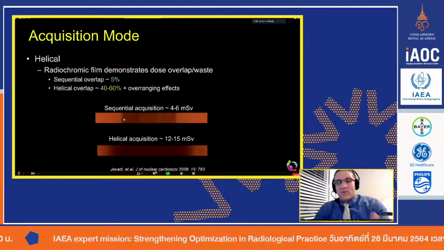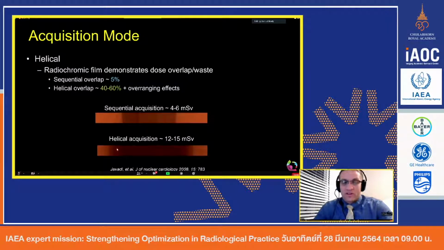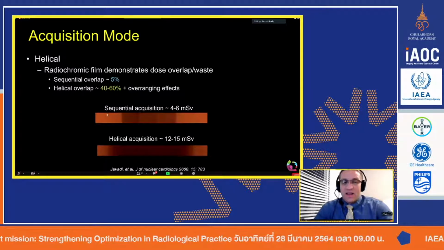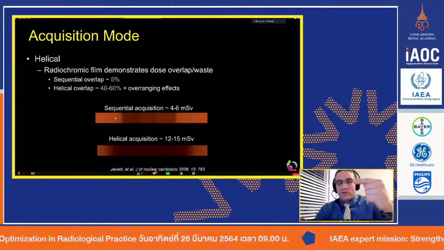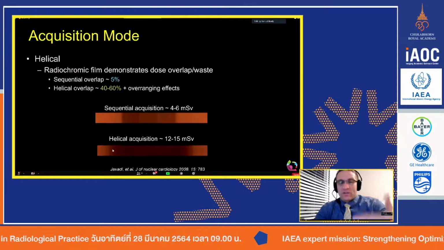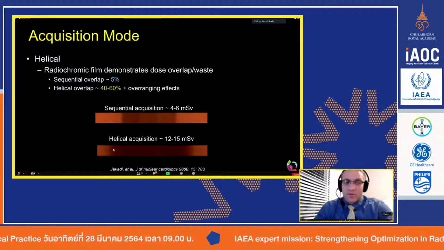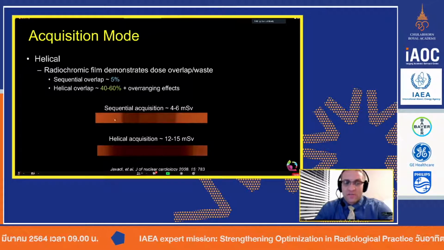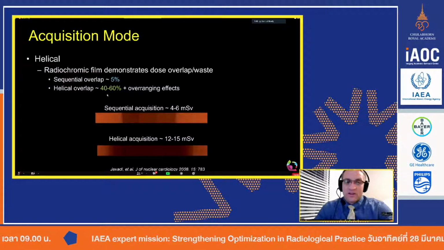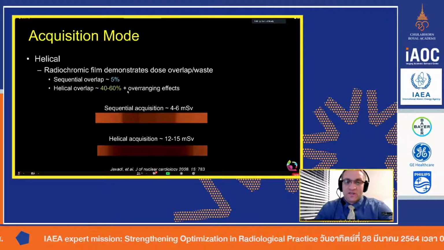And you remember we talked about the helical overranging, and if you're going to be constantly imaging and you're having a low pitch, you're going to be overlapping the dose over the anatomy multiple times to collect all the data you need to create all of the images. And so there can be at times a 40 to 60% overranging effect.